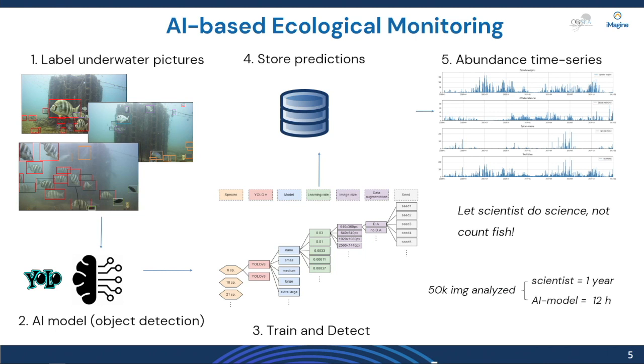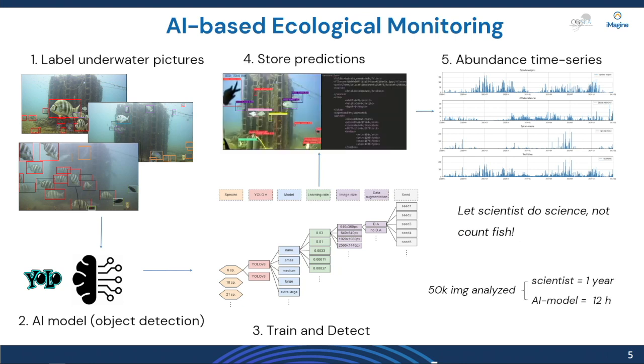And then we store these predictions, this inference, and not only the photo, but also the data in this bounding box in an XML or TXT file, to finally get this abundance time series.